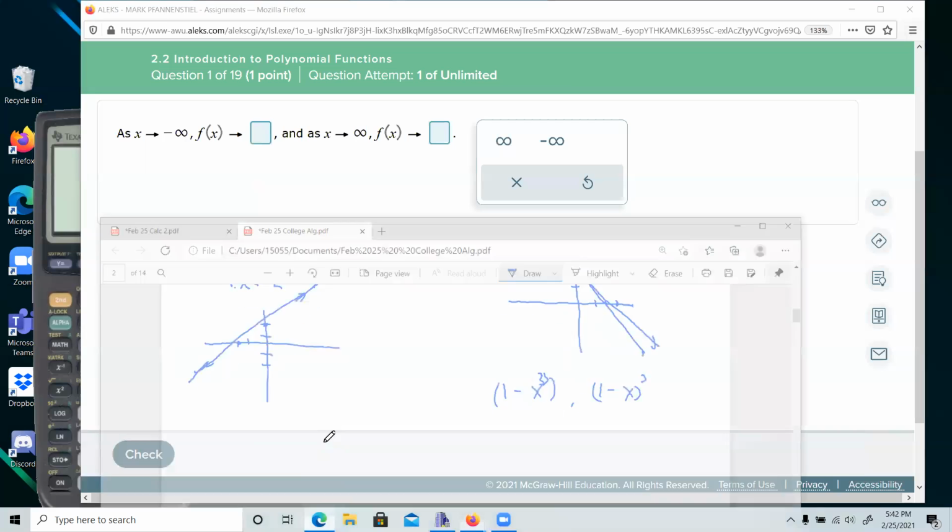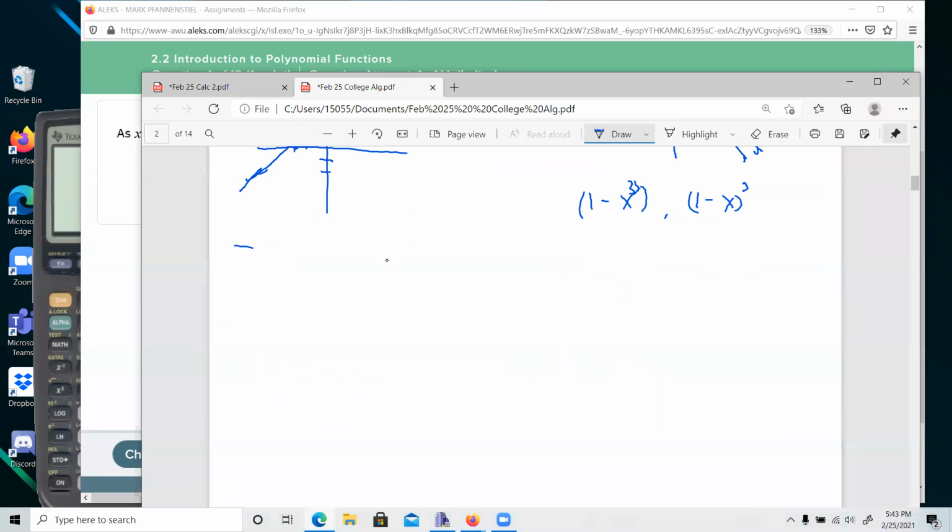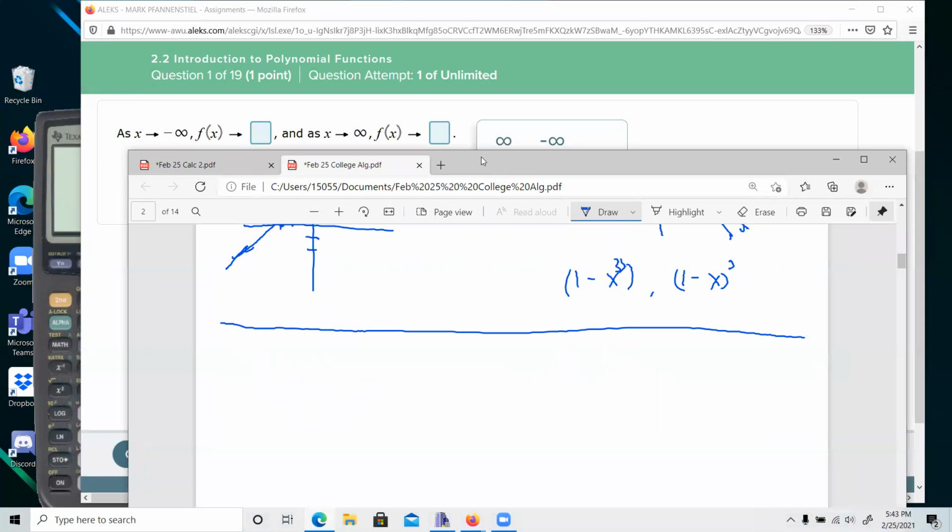More notation. I usually don't like to use this notation until you guys actually hit calculus, because that's what this is really used in. But what they're saying here is, as x approaches negative infinity, what this means is, as my debt grows without bound, so I just stop paying my credit cards and just let them go.